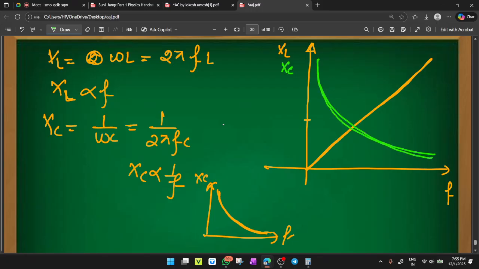So you check at a point here. By increasing the frequency, XL increases, and similarly XC decreases. So definitely there will be some point where XL meets XC. Yes or no? So this is the point of resonance, and this frequency is called the resonating frequency.